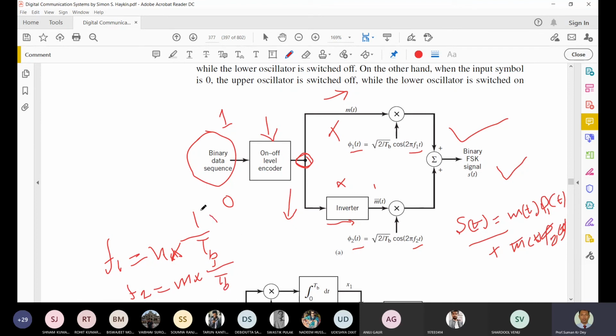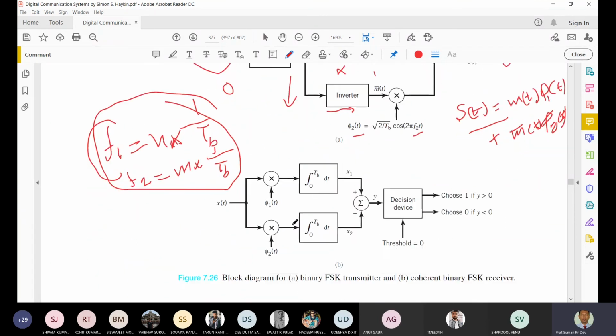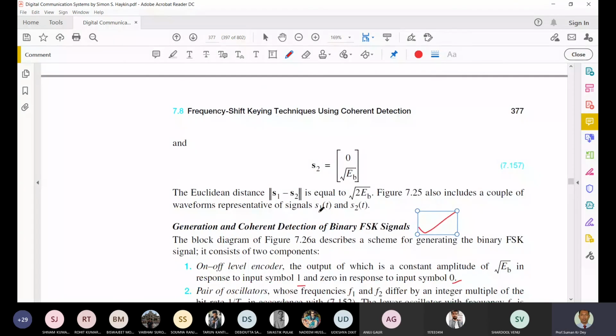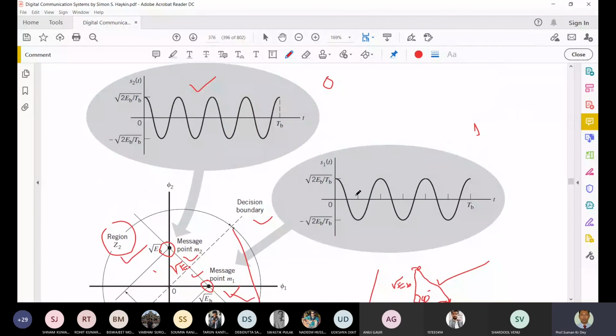So basically what I am trying to say is that whenever we are generating a frequency for either symbol 1 or 0, the frequency should be an integer multiple of 1 by TB. The main reason for taking the F1 value as an integer multiple of 1 by TB is continuous phase.